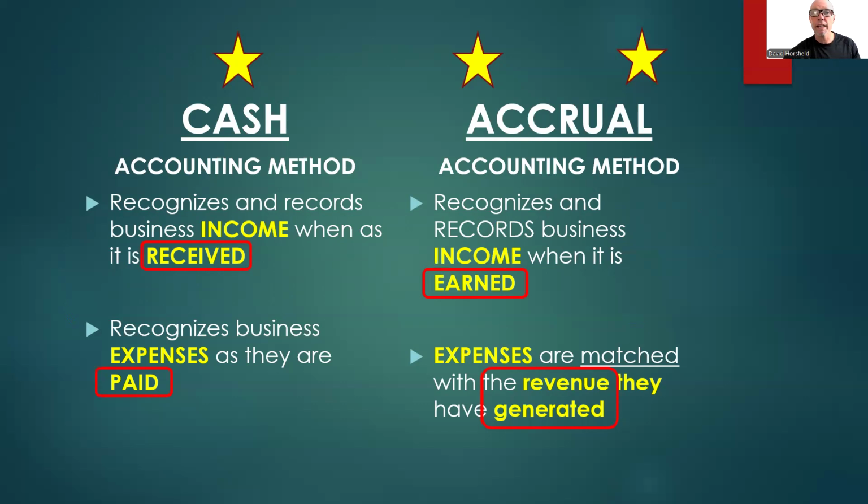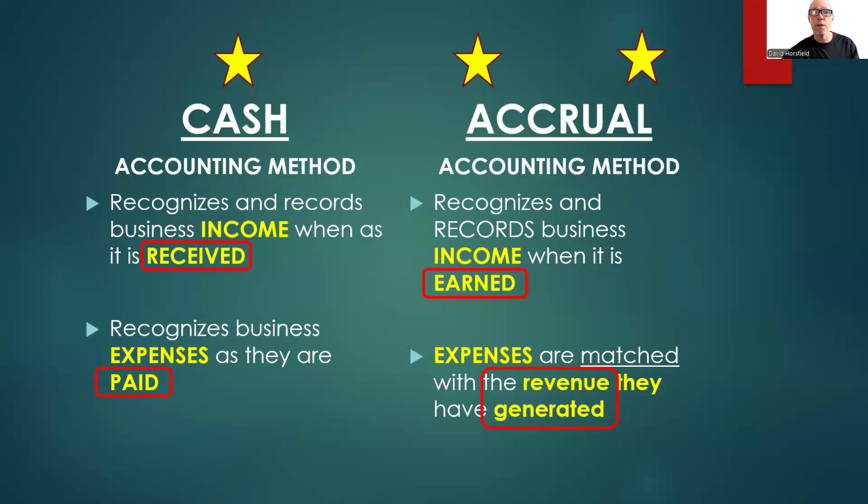Under the accrual accounting method, income is recorded in a journal entry when it's earned. So if I earned the income today but didn't get paid for it until 30 days from now, under accrual accounting I create a journal entry that says I earned the income today even though I haven't received it. And expenses are matched with the revenue they have generated.